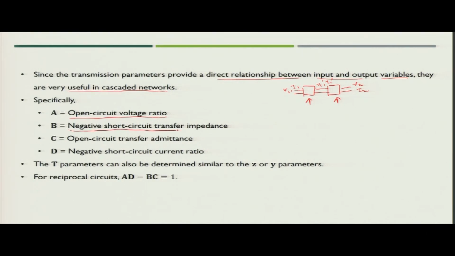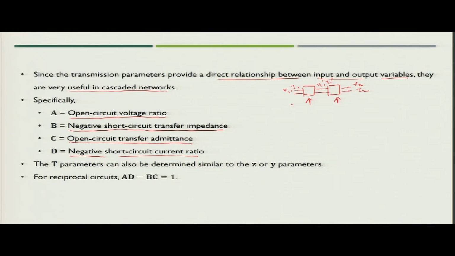B is negative short circuit transfer impedance, C is open circuit transfer admittance, and D is again negative short circuit current ratio.